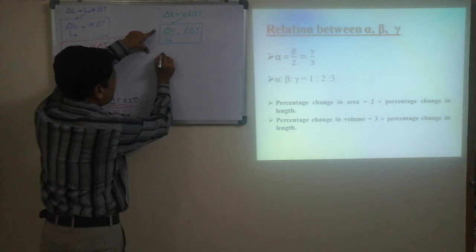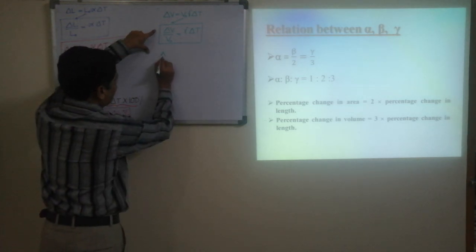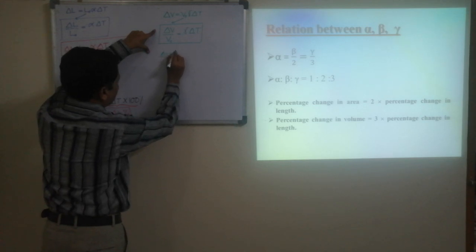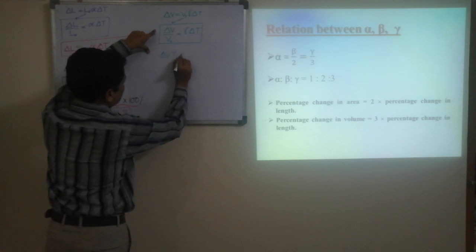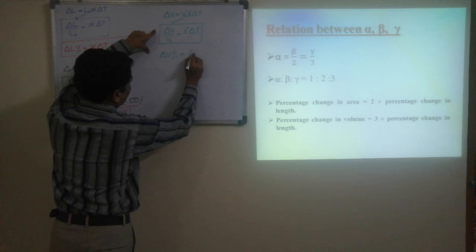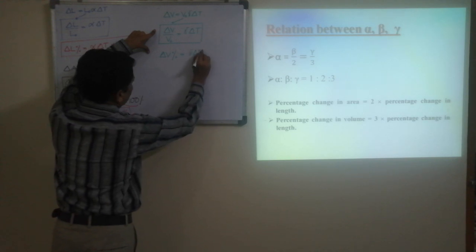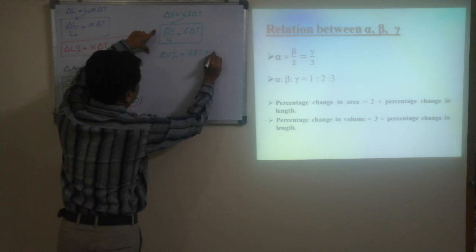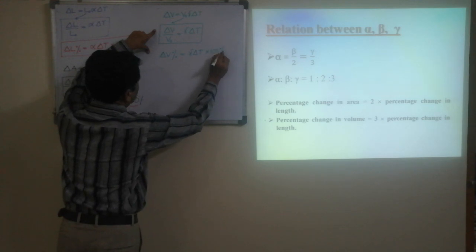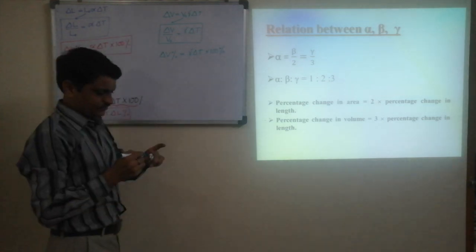If I multiply this by 100, we get percentage change in volume is equal to gamma into delta T into 100.